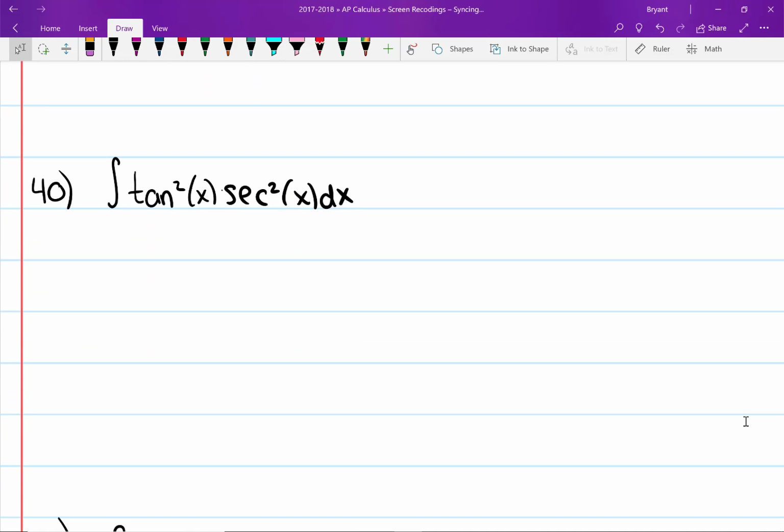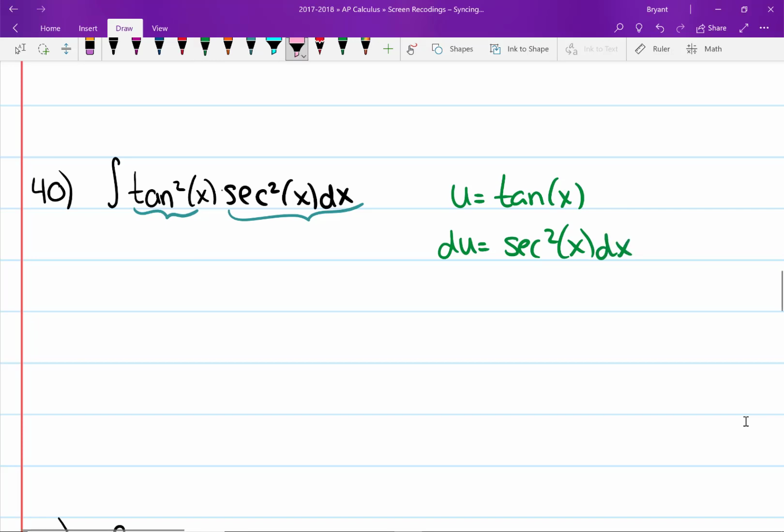Tangent squared x times secant squared x dx. So this is where the problems start to get a little trickier. You got to start really looking for those u subs. Well, right here, I see a sneaky little tangent. And right here, I see the derivative of tangent. So I'm going to go ahead and let u equal tangent of x. And then du is going to be equal to secant squared of x dx.